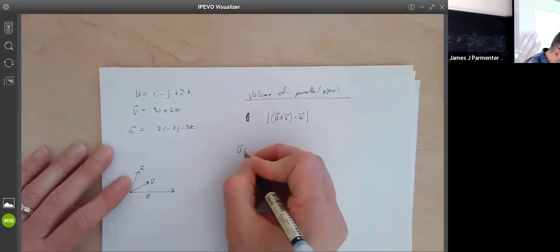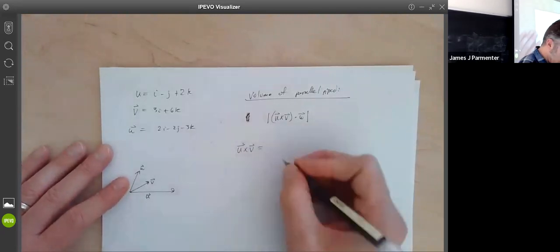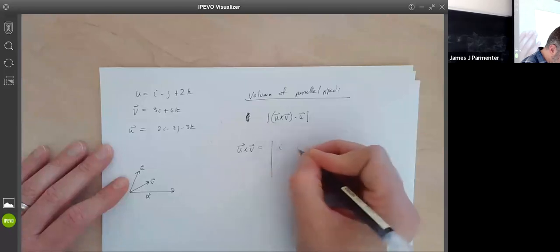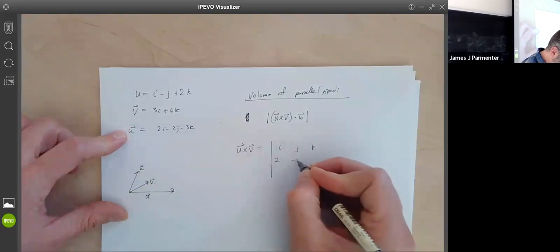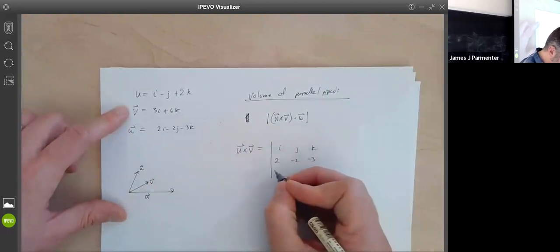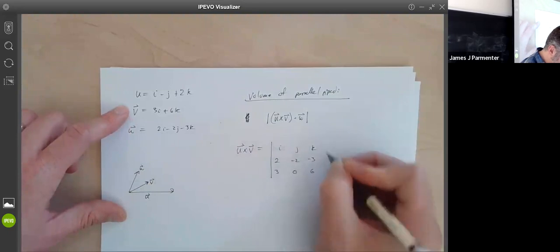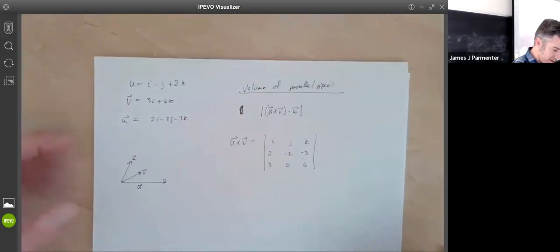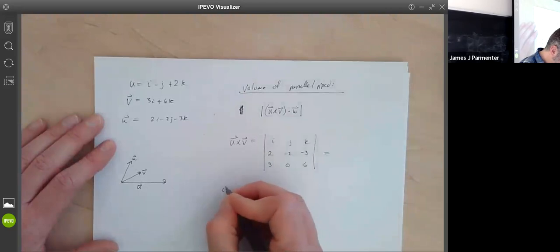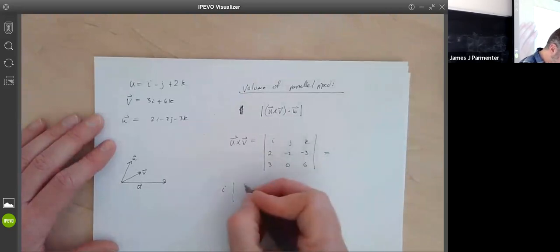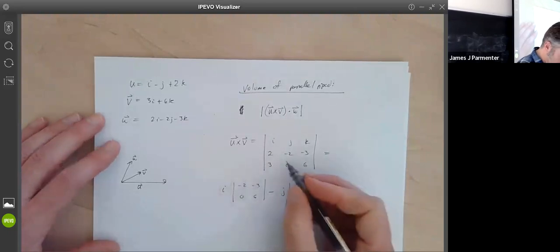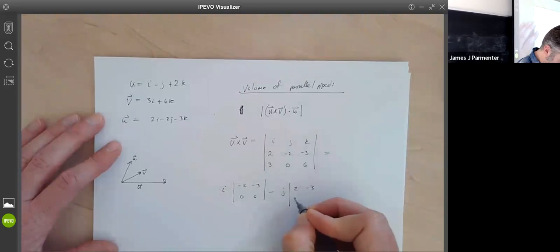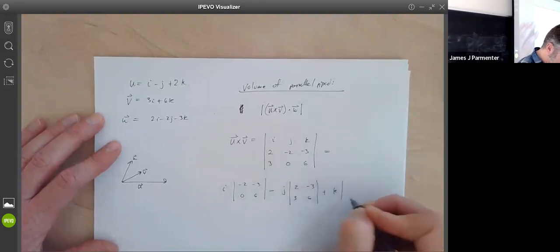So u cross v, good times, it's going to be the determinant of the i, j, k, and then u goes in the first row, 2, -2, -3, v goes in the second row, 3, 0, 6. Be careful, right? It's easy to forget about the 0 there. And then we're going to get i times the determinant of this, minus j times the determinant of that, plus k times the determinant of the matrix 2, -2, 3, 0.